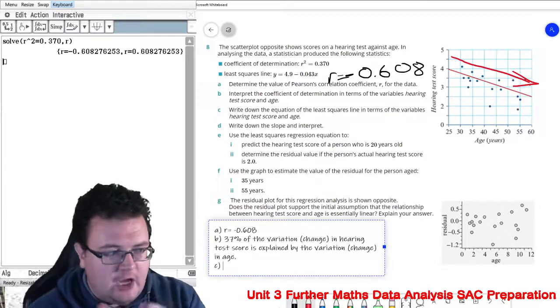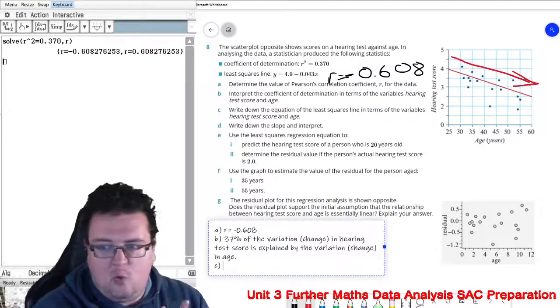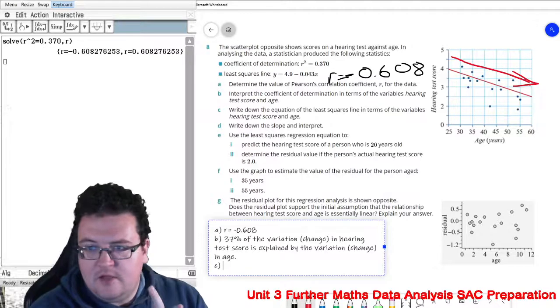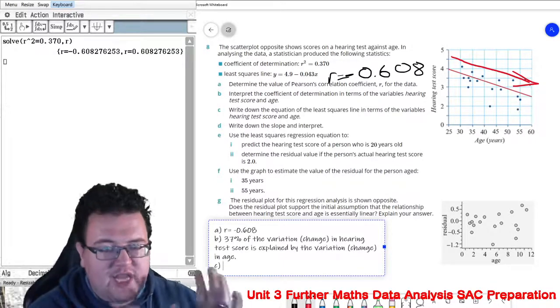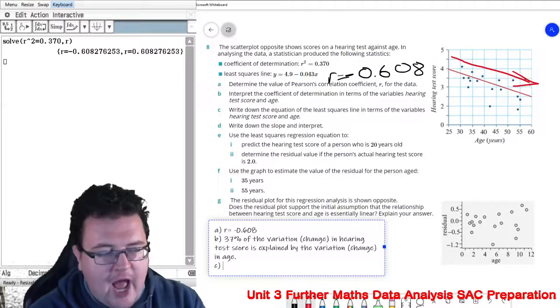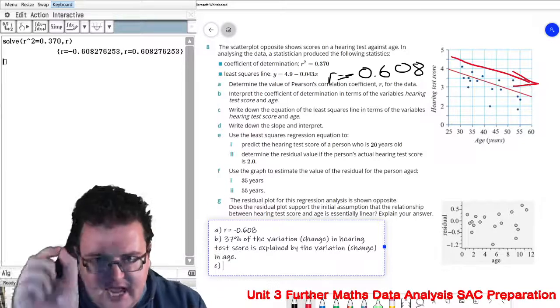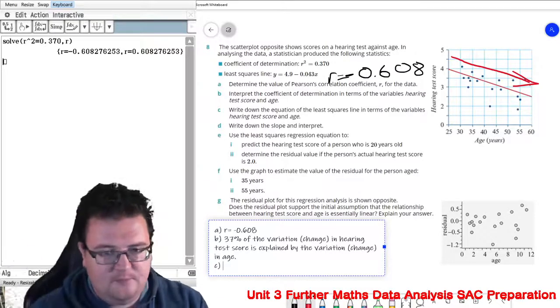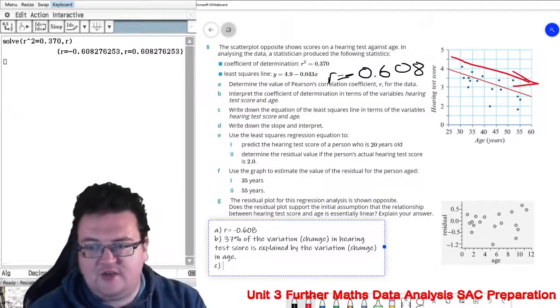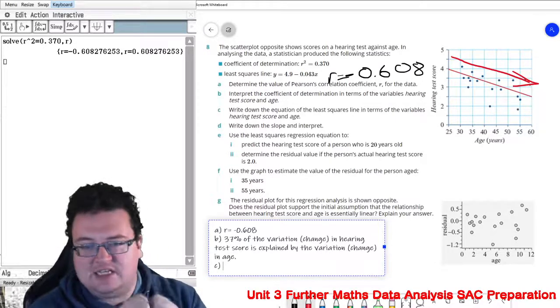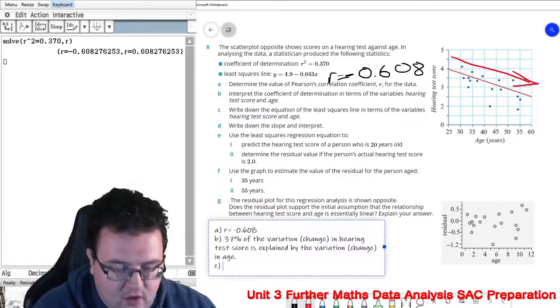The variables on our graph are not X and Y. They are age and hearing test score. So you need to replace Y with the correct name and X with the correct name as well. So in this case, what is our Y value? It's the hearing test score. X is the age, so you need to rewrite the whole thing.